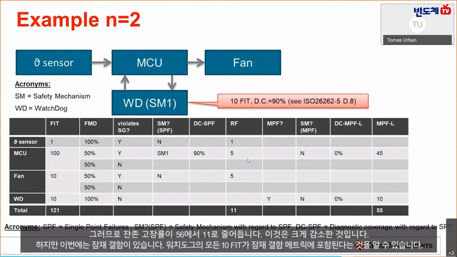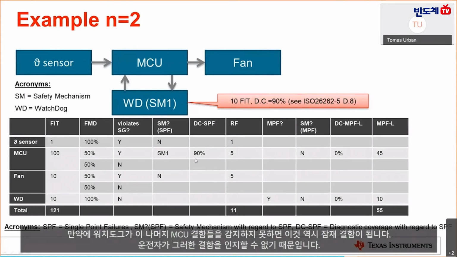But we also have some latent faults, because when our watchdog fails, here you can see that all 10 FIT of the watchdog itself goes to the latent fault metric, and if the watchdog does not detect the rest of the MCU faults, this goes to latent faults as well, because the driver obviously is not aware of such a fault.